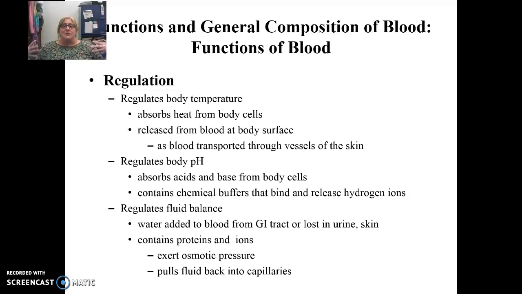So it helps to regulate our body temperature. If we're really cold, blood will move away from our extremities and stay in the core area, keeping the core regions, the main organs of the body, functioning.